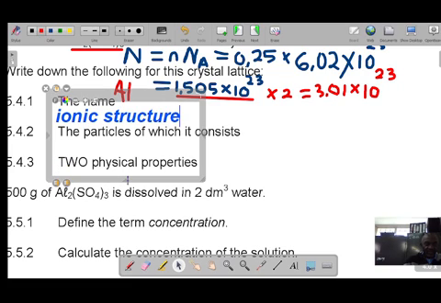Now they're asking for the particles it consists of.